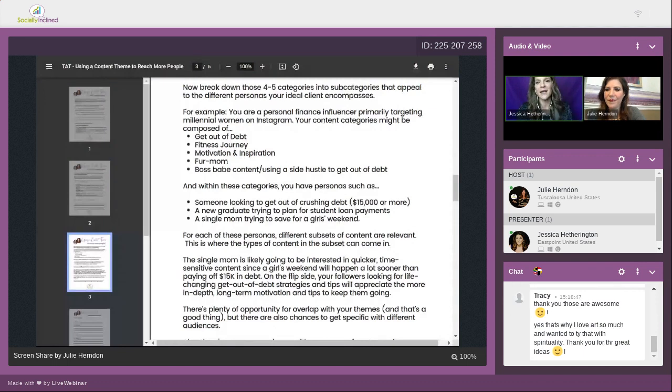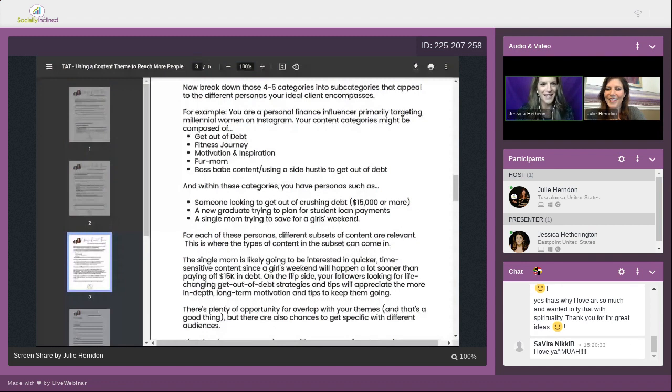But in this example, I actually had our very own Savita in mind, as we're going to actually talk about subcategories now. So we asked you to come up with your 4 to 5 content themes. And even if you haven't done that along with us, that's fine. Just bear with me as we talk through this next part.